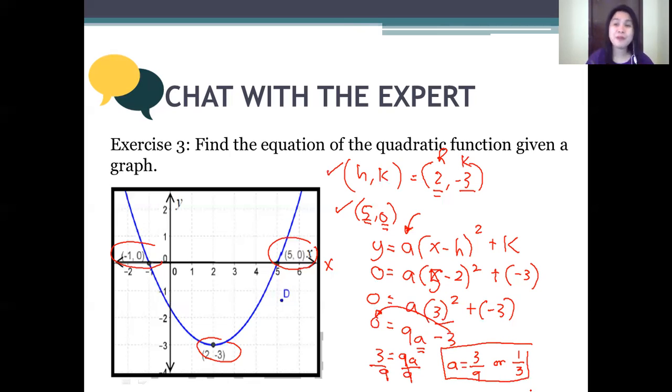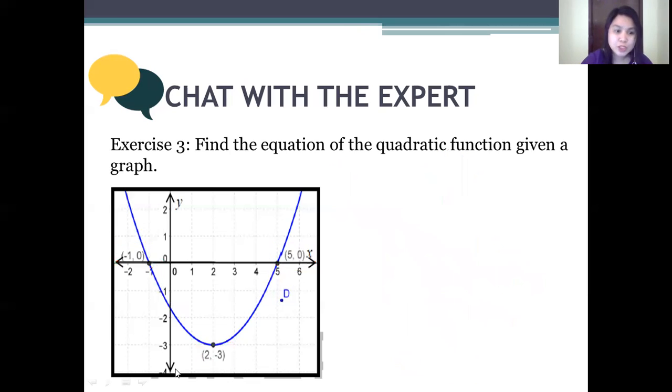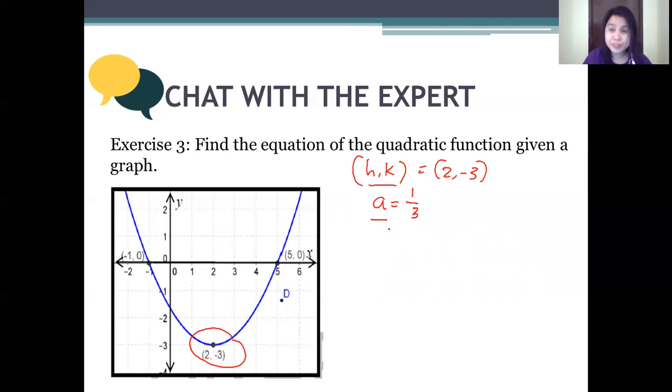Now let's find the equation of the quadratic function. What will we do next? Again, find the vertex. Our vertex is at 2, -3. And remember, the value of our a is 1/3. We substitute these values into the vertex form of our quadratic function.